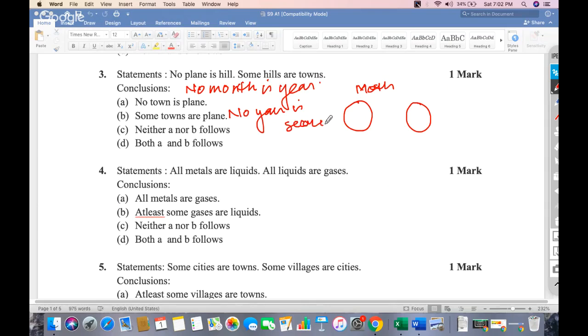This was the question. This is month, this is year, and this is second. There cannot be any overlapping, or any intersection of any three of them.